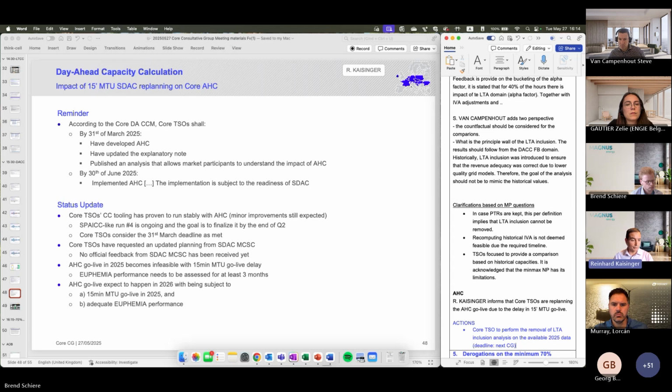What we can, however, conclude is that a core AHC go live in 25 is infeasible now, because after the 15-minute MTU go live, which is now set for 30th of September, the PCR NEMOs would want to test the Euphemia performance with live 15-minute MTU data, and watch the performance of Euphemia for at least 3 months before they would grant us the green light, so to say, to go live with core AHC.